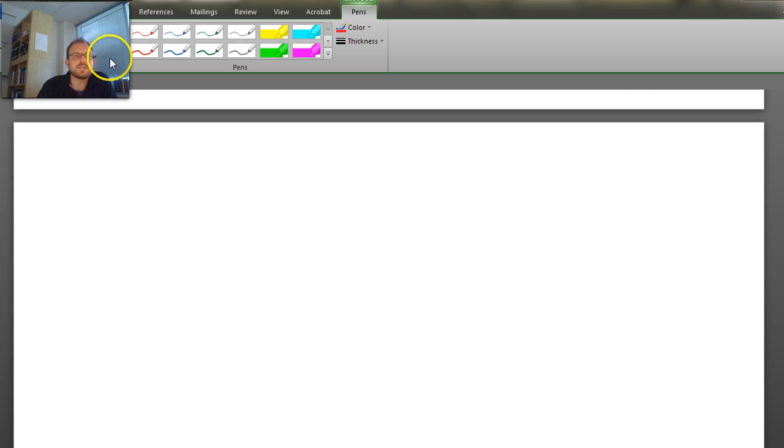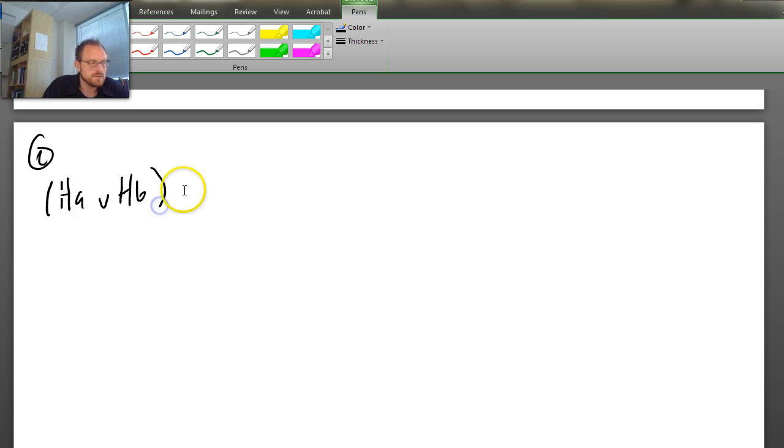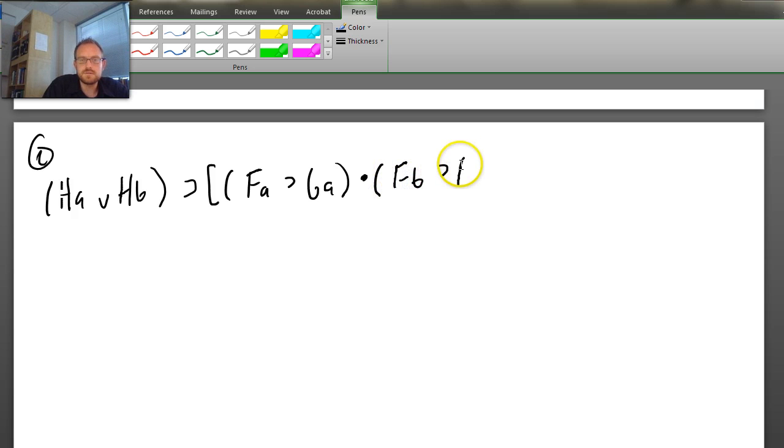Now, in order to keep it expeditious with your time here, I'm just going to write it out because I already have these problems written out for me. So what would the universe of two look like given that other problem? Well, it looks like this. You'd have HA or HB, then FA to GA conjunction, because that was a universal, FB to GB, right?